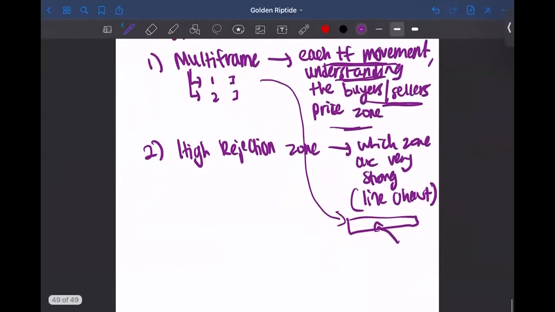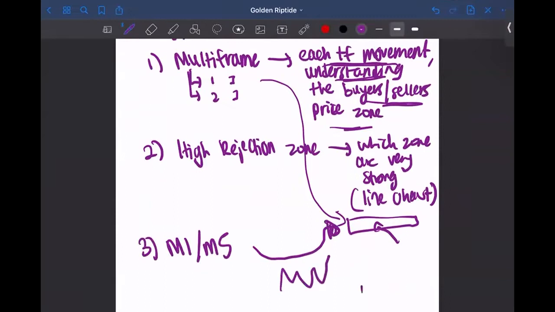Okay. And then for this week, we are going to learn about M1 and M5. This is what it is doing inside the zone. So we are going to learn in detail what happens if it moves like this, what happens if the shape is like this. So different shape, different time.